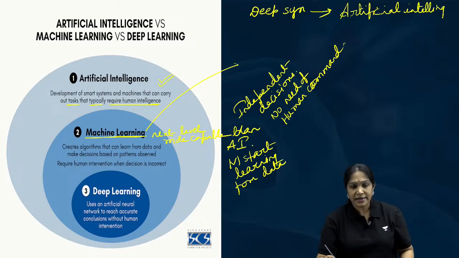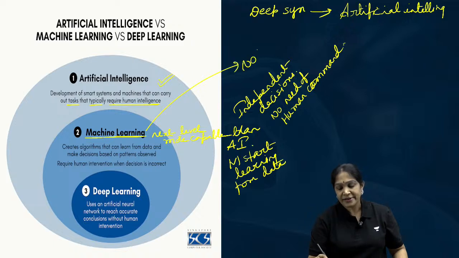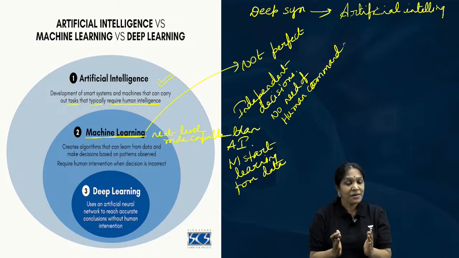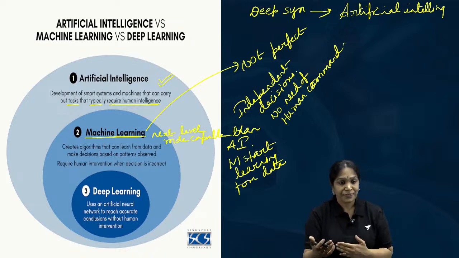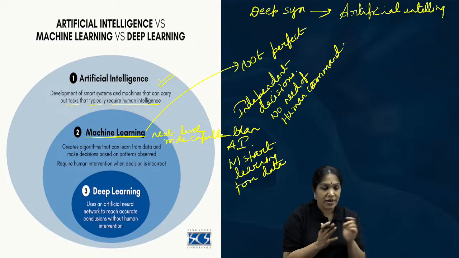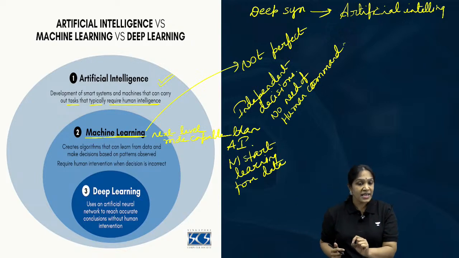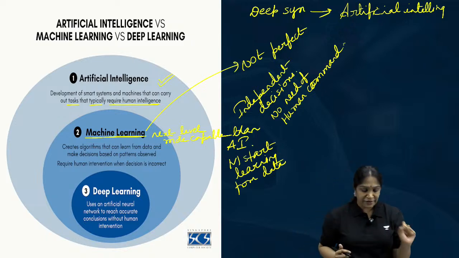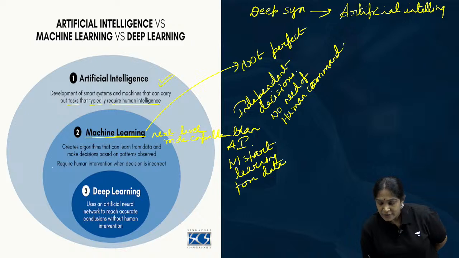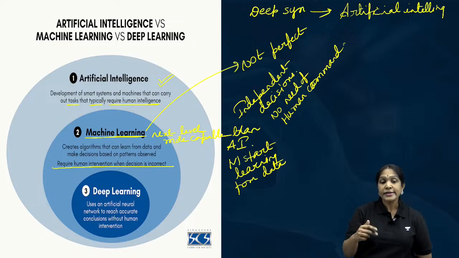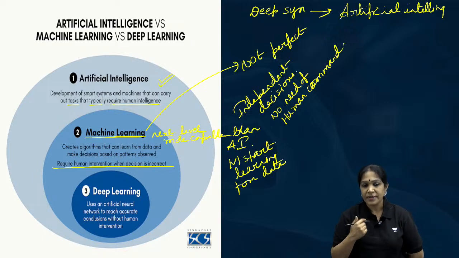This machine learning is not perfect. Just like baby steps. A baby can walk, but may fall down. Sometimes when it makes a mistake, the human being should interfere. It requires human intervention when a decision is not correct. Is it clear? It learned to walk, but baby steps.